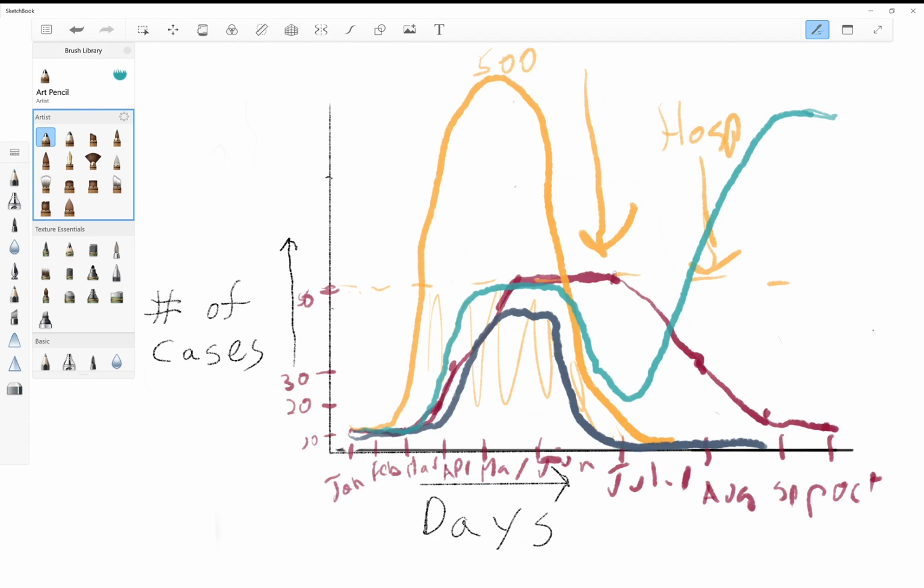So this is what this is about, and this is why I trust the scientists over anyone else. It's because this is what they do. They model, they predict, and they make recommendations that I trust.